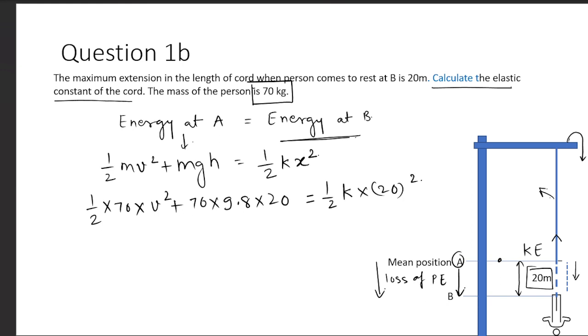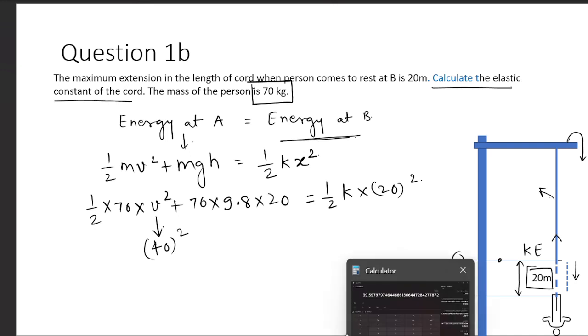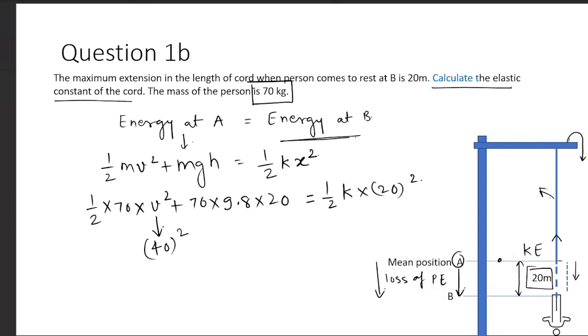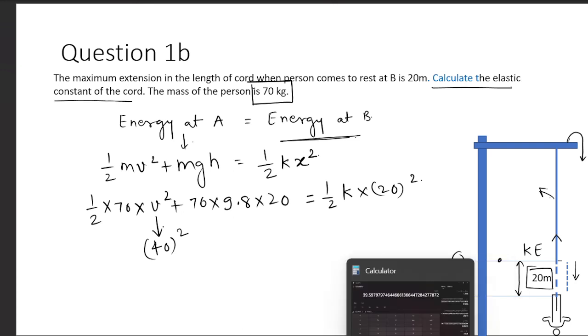So if we solve it, we can substitute this value in the calculator. Here I have not substituted one more value, which is the value of velocity, and the velocity is roughly, we can take 40, which we have rounded off, so we can take it as 40 square. So let me do it by using the calculator, and you can pause the video for some time.